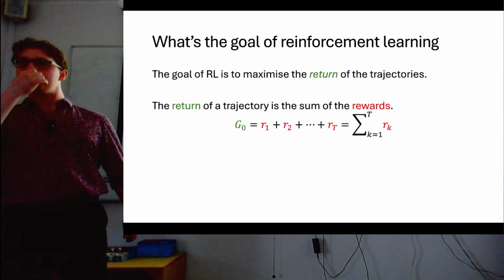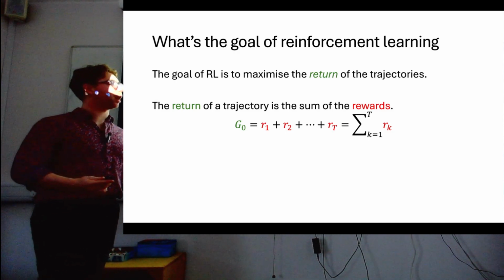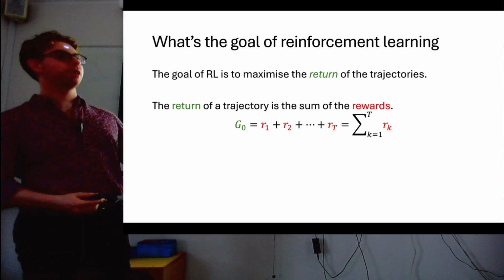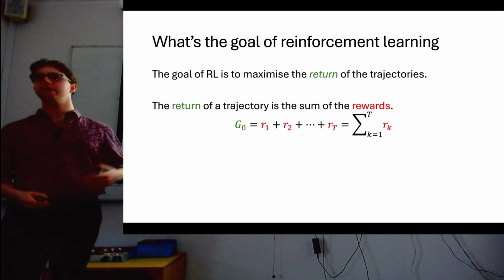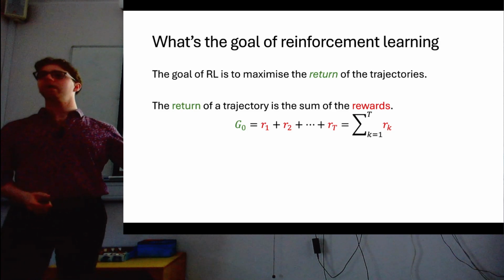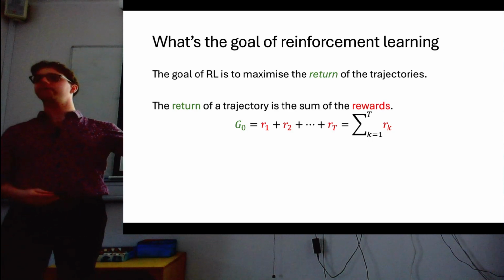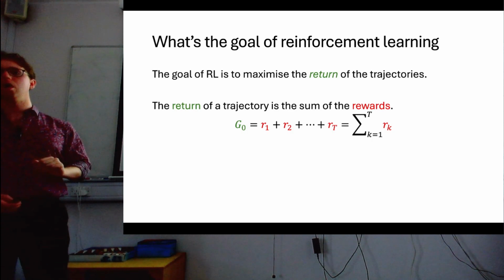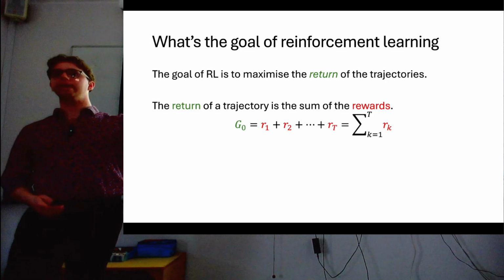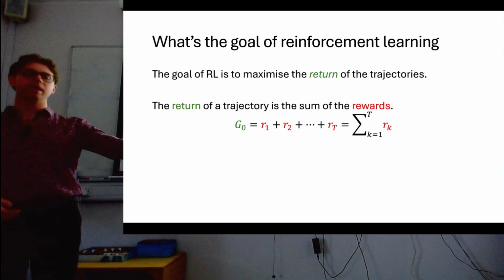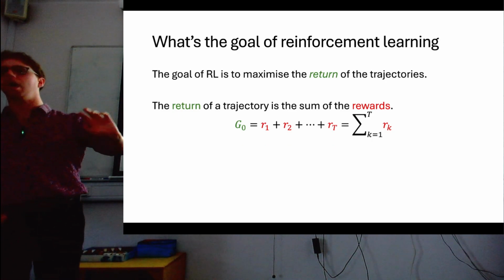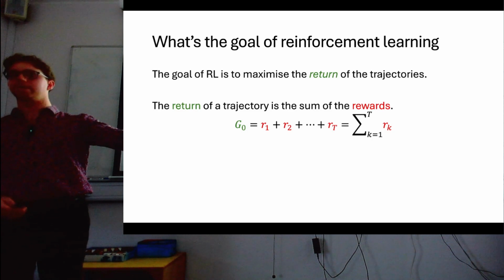There are cases where I might have an action available to me that generates a very high reward immediately, like plus 10 reward attached to it. But it transitions me into a state that is very bad to be in, and I can't get any more rewards from that state at all.